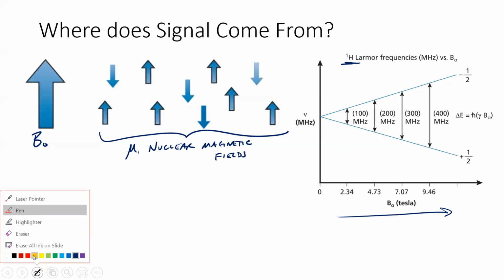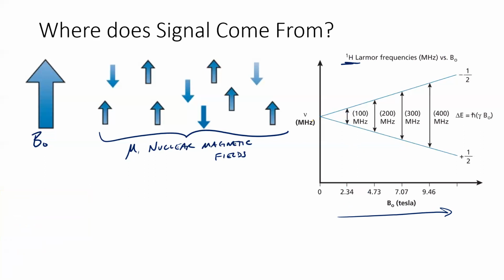If we drew carbon on top of this, would carbon have a wider gap or a smaller gap? Smaller because the gamma is smaller. Yeah, smaller because gamma is smaller, and in the last example, it was 800 megahertz for proton and only 200 megahertz for carbon, right?